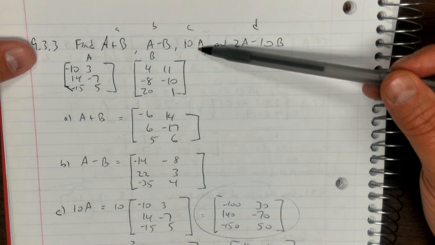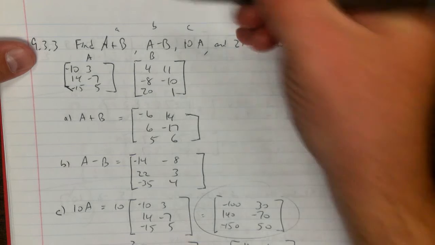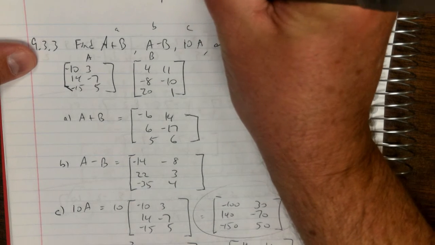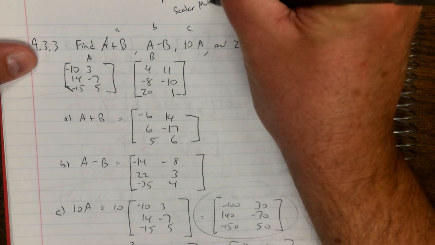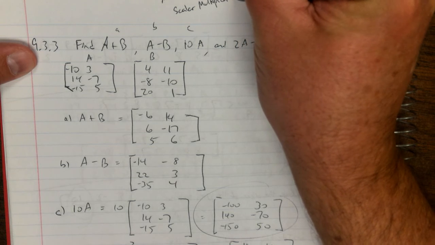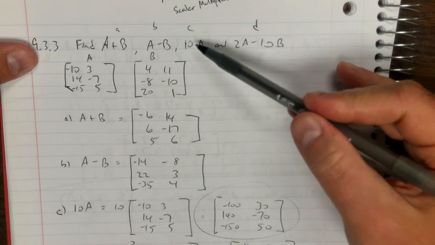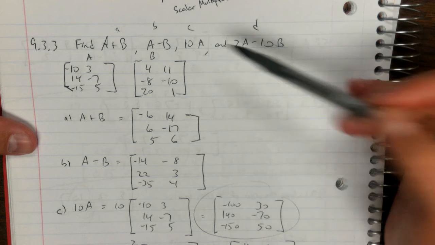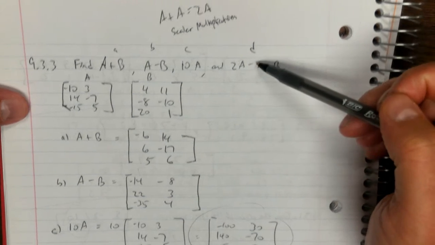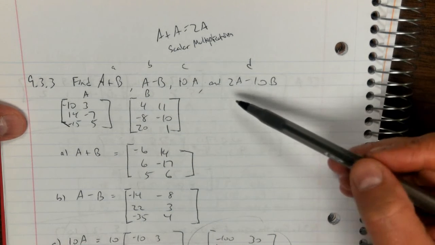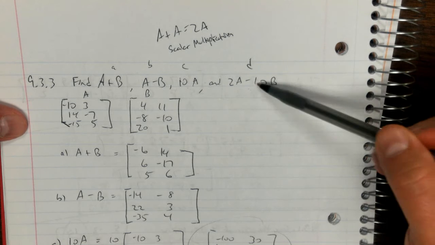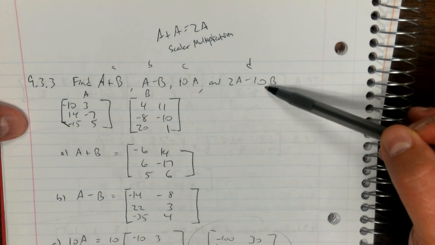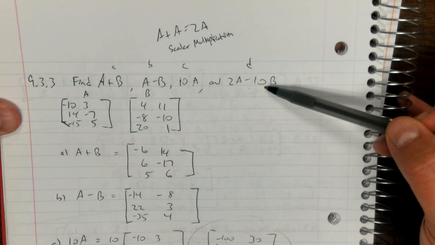Like our example today was just saying a plus a equals 2a, and so that's how we introduced scalar multiplication, meaning just multiply 10 by every single term. And then this is just one extra step because it has 2a and then minus 10b. So this is a little bit longer, but it is something everybody's going to do on 4-2.